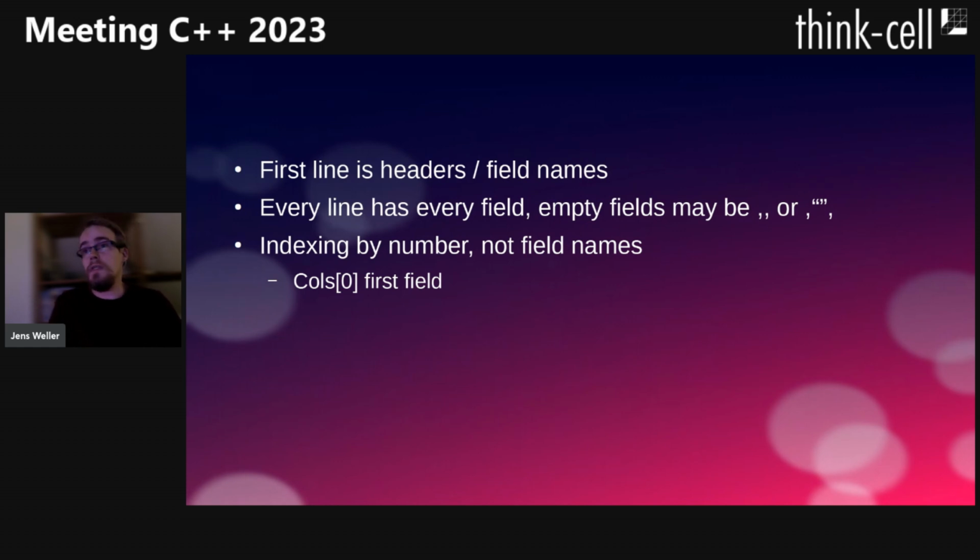I chose to index by number and not by field names because I viewed this as easier. So in the code, I have a lot of constant int variables, or size_t because it's an index, that are named after what each field is.